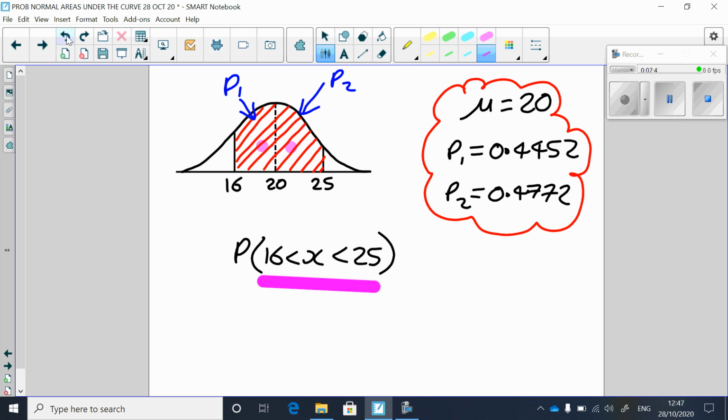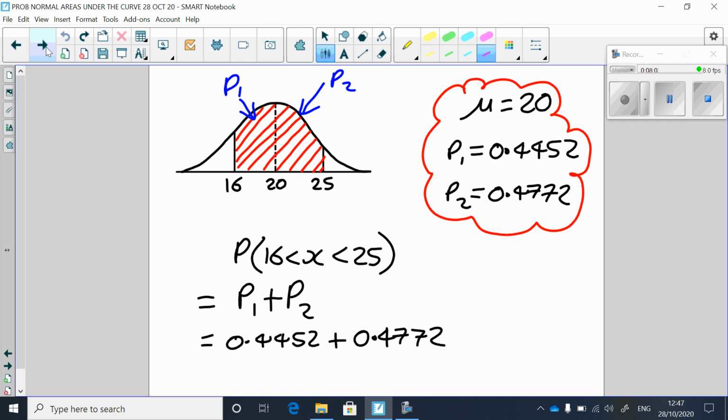Don't worry about my writing here, I'm using the mouse. P1 and P2 have already been evaluated on the right hand side. Get your numbers and sum them together, and there's your final probability. In this one we are looking at two areas either side of the mean, and you got those directly from the table.